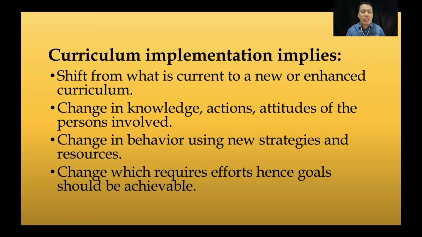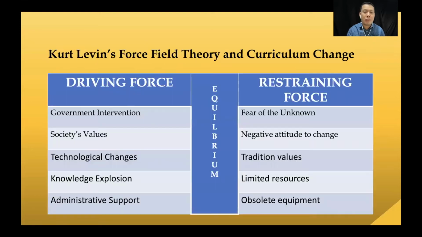That means these changes require effort. There should be effort coming from the learners in order for them to attain or achieve the learning outcomes that you would like them to reach.